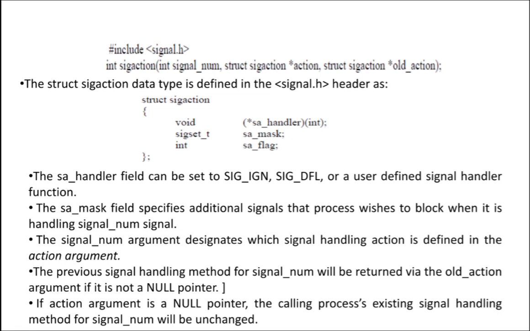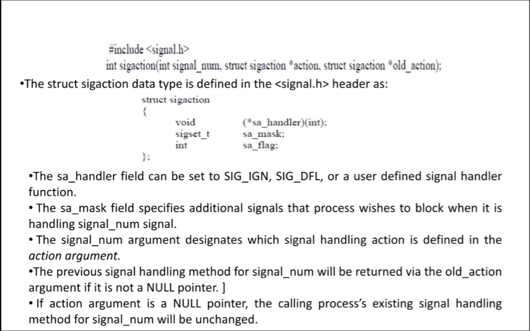So signal number is the first argument. Action: for every signal you have to specify what action it has to take, whether ignore, whether default action, or whether a user defined signal handler should be activated. Those things are defined in the sa_handler that is present in the sigaction. Getting, guys? Right?